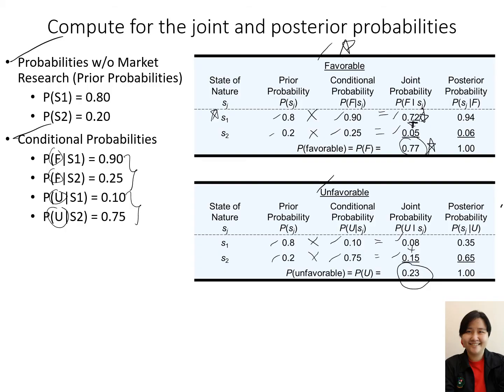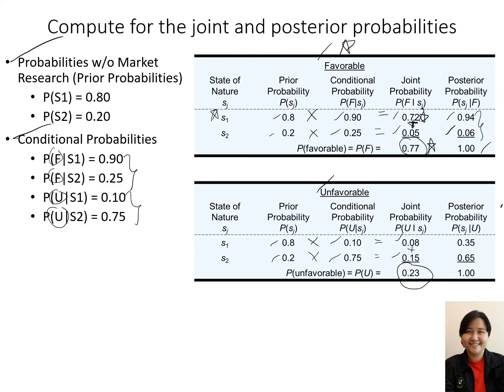So 0.72 divided by 0.77, you will get 0.94. And then follow the same steps for the others. Here we have 0.05 divided by 0.77, you will get 0.06. If you add these two together, make sure that you get 1 or 100%.